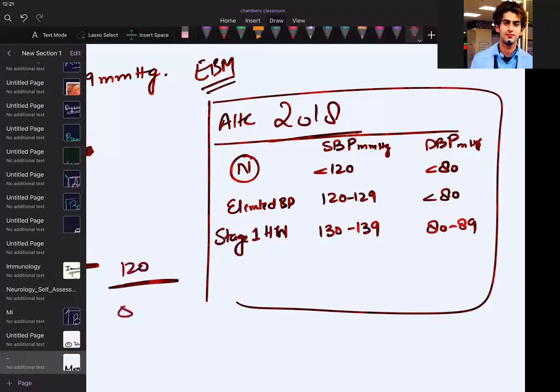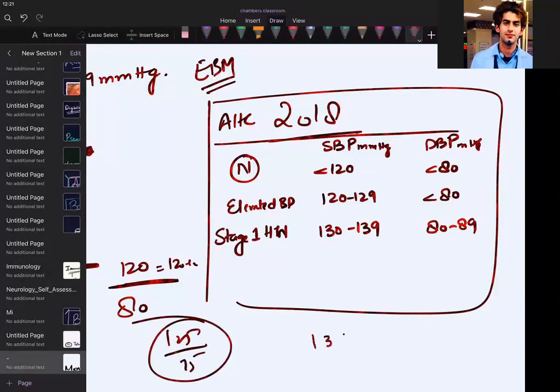You are writing 120 by 80 for first year physiology, and here you will write 120 to 129, so if it is 125 by 75, you will call it elevated BP. If you have 131, 133, 132 by 85, that is stage 1 hypertension, and every stage has its own treatment.